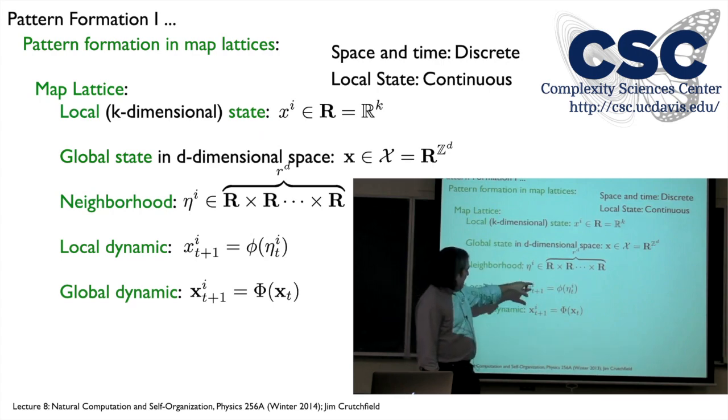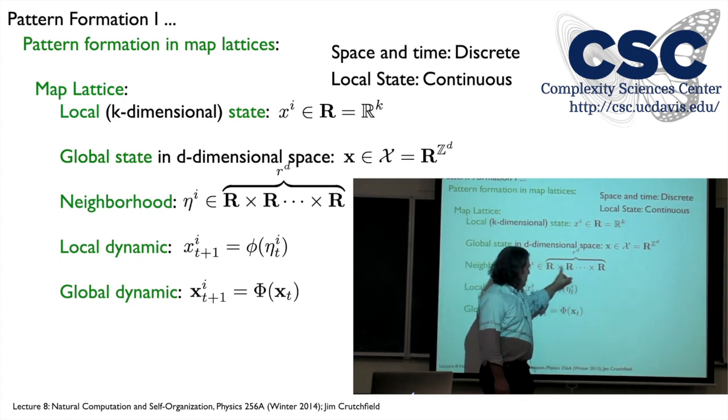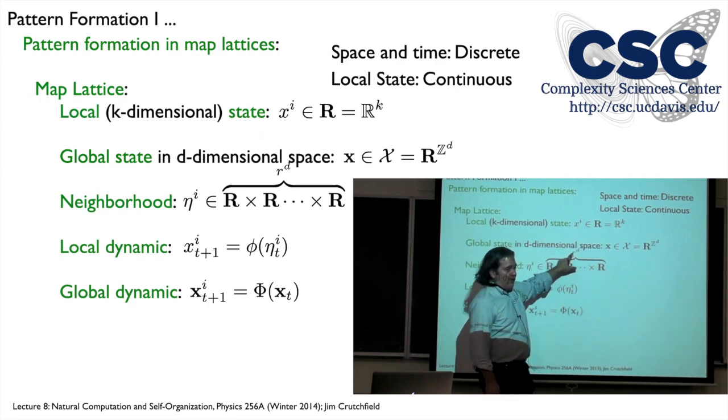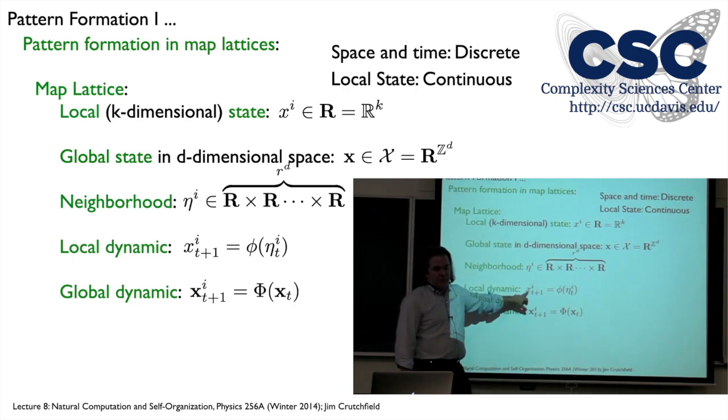And what happens is that there's a local dynamic before. I'll still denote this phi. But now we take the local configuration, the dimension which depends on the radius, the coupling from one site to its neighbors, and takes that neighborhood to determine what the value at the center cell is at the next time.